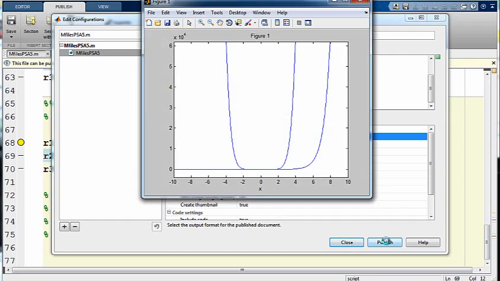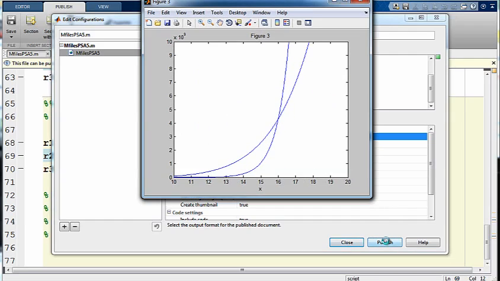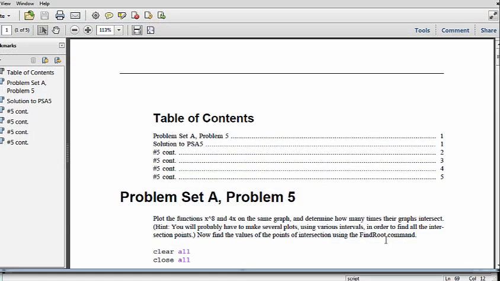It basically runs the file, and be a little patient. It brings up a PDF inside Acrobat Reader, and there it is. Notice it generates a table of contents from each of the cells.